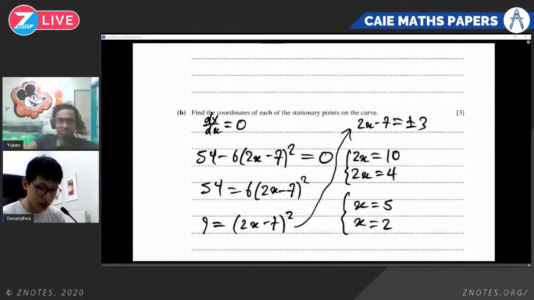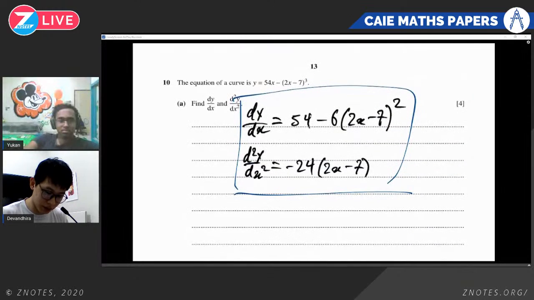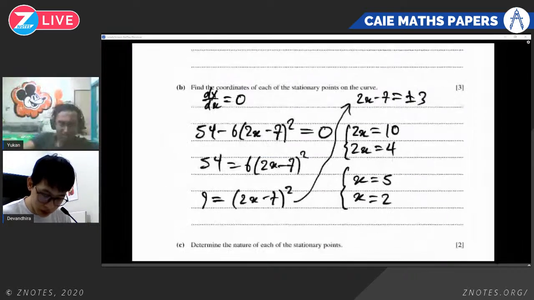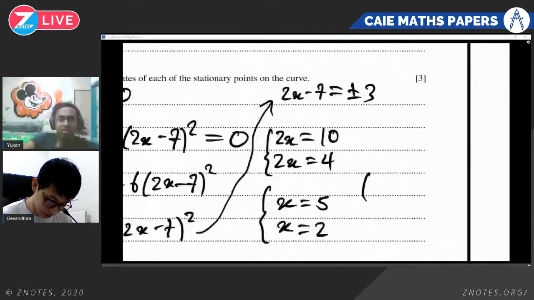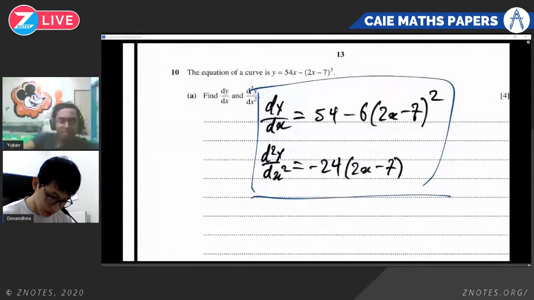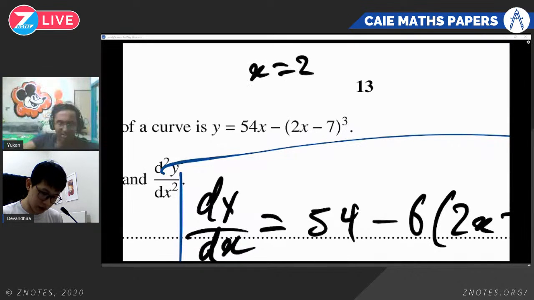Because we want to look for the stationary point, you can just put the x values in your calculator. Can you help me do that? So 54x minus... Could you go back to the equation, Devan? Right here, 2x minus 7 cubed, right?